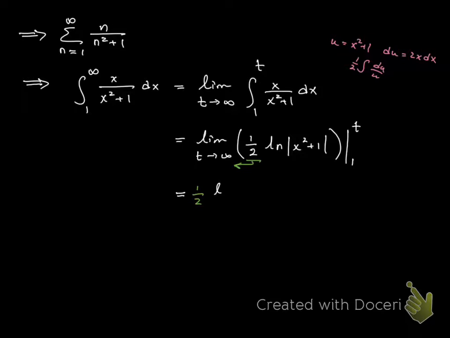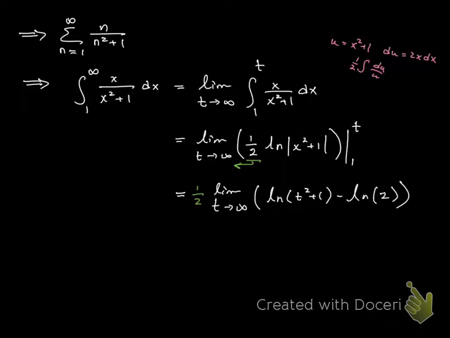I still have my limit as t goes to infinity. As I plug in t, I should get natural log of t squared plus 1, and I drop the parentheses there because t squared plus 1 is positive, so I don't have to take absolute value. Minus, when I plug in 1, natural log of 1 plus 1 is natural log of 2.